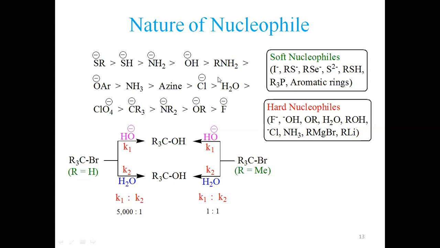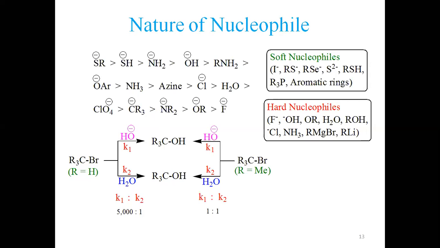So they are good bases, but not good nucleophiles. Similarly, NR2 negative is not a good nucleophile due to steric factor, in fact. And similarly, R3C negative ion. Due to steric factor, it is not a good nucleophile. Keep this in mind. And chlorate, it is a good leaving group, but not a good nucleophile. All right. So this is clear.